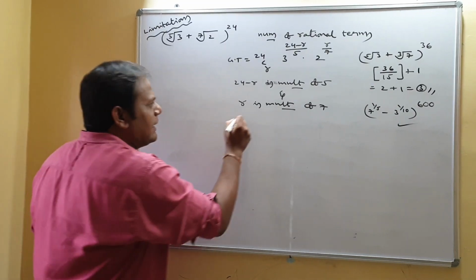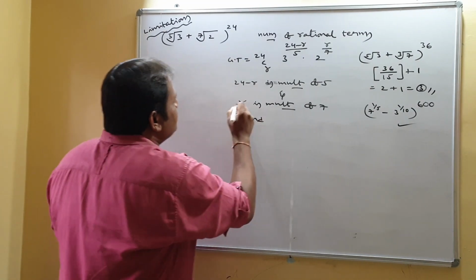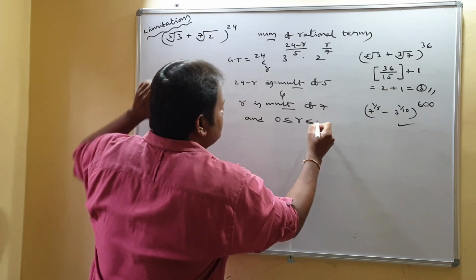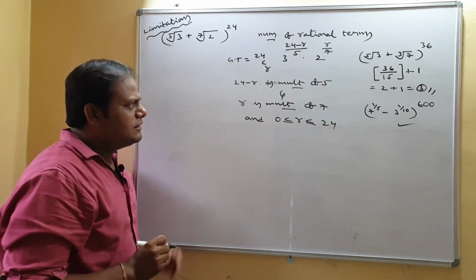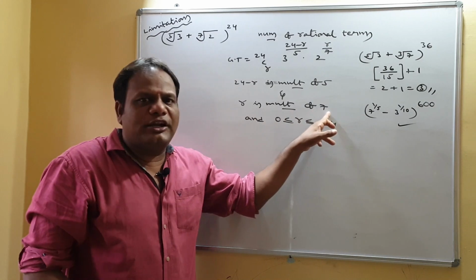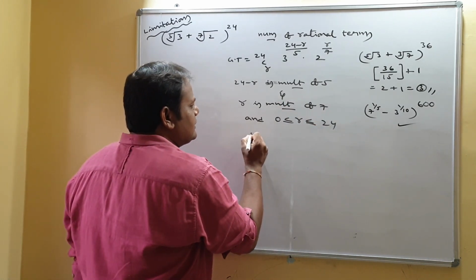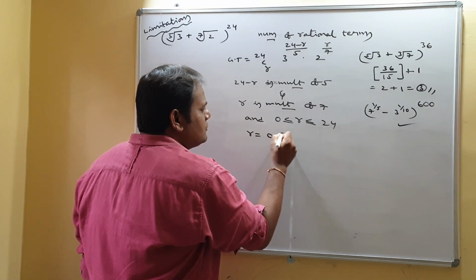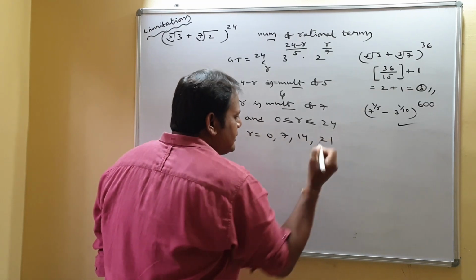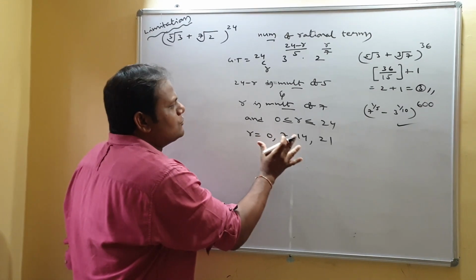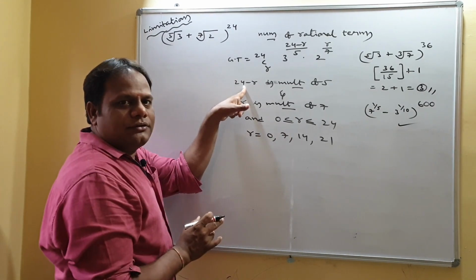And also we know that 0 is less than or equal to R, less than or equal to 24. So R is a multiple of 7, which means R may be 0, 7, 14 and 21. See here, we check what R values satisfy this.